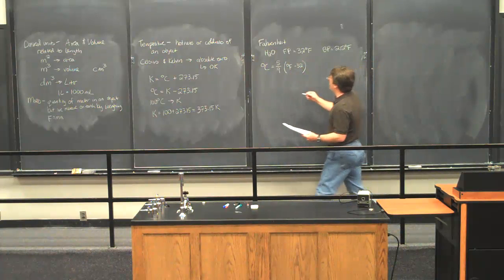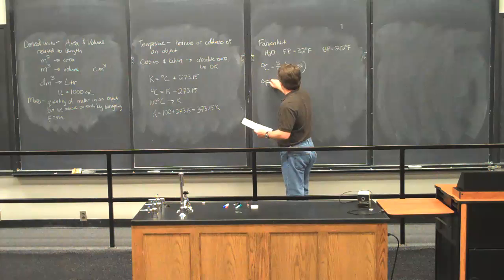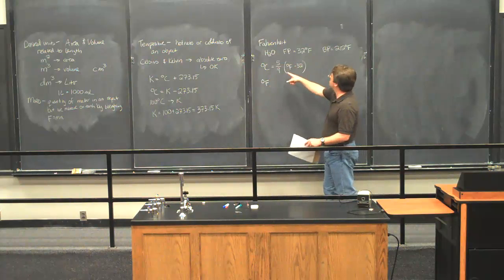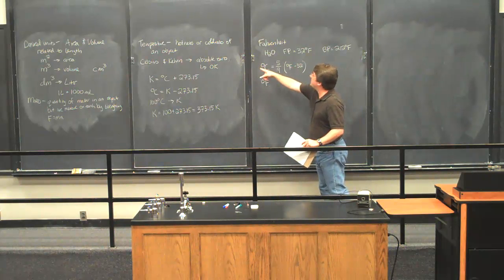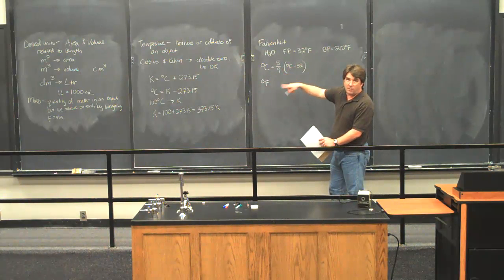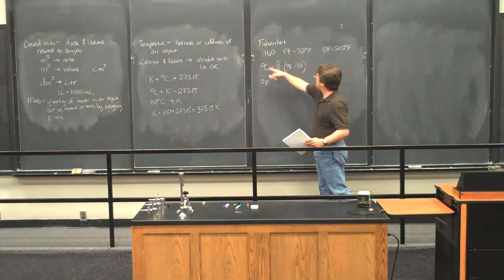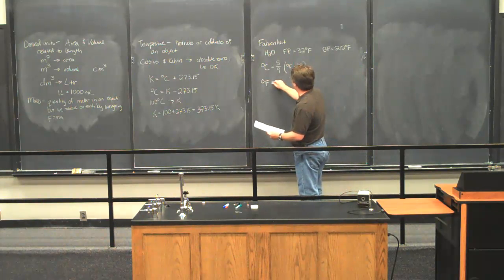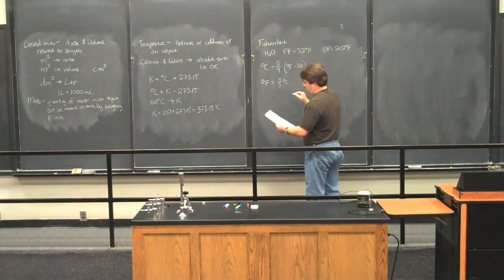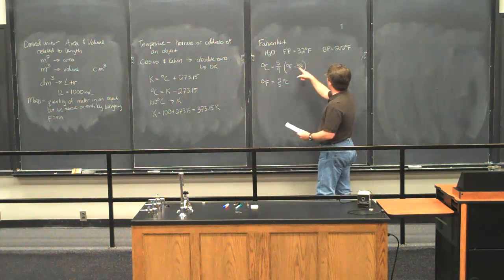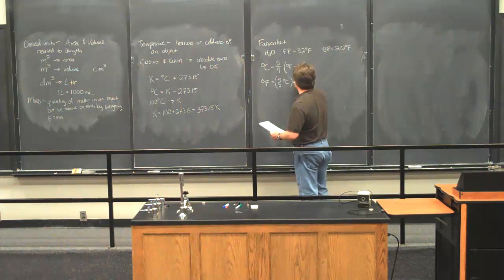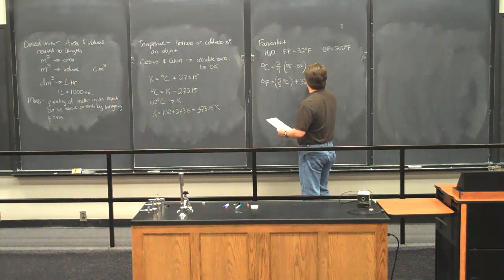And if I want to go the other direction, I would rearrange this equation. So if I wanted to move this 5/9 over here, what do I do? I multiply both sides of the equation by 9/5, which cancels out on this side, and we get 9/5 degrees Celsius over here. And then I add 32 to both sides.